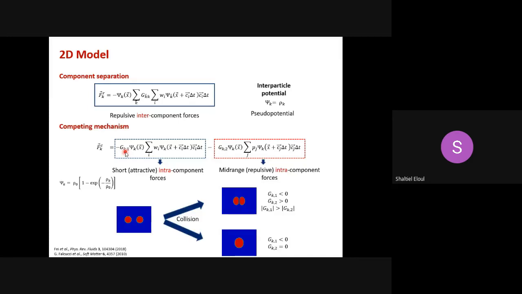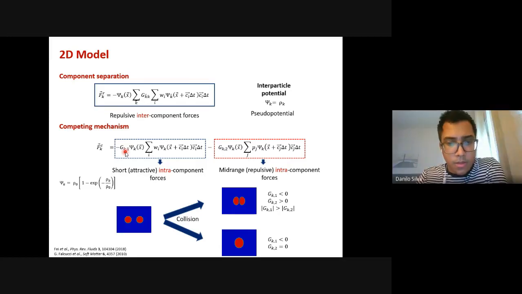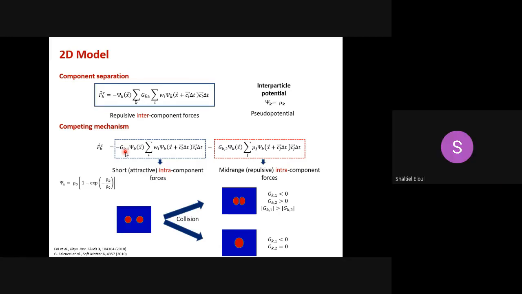So if I start with one drop, I'm not sure if it's possible that it will separate into two drops, to smaller drops. And second, is it tuned to any experimental surface tension of the drops of interest at all, or is it just like a toy model at the moment?